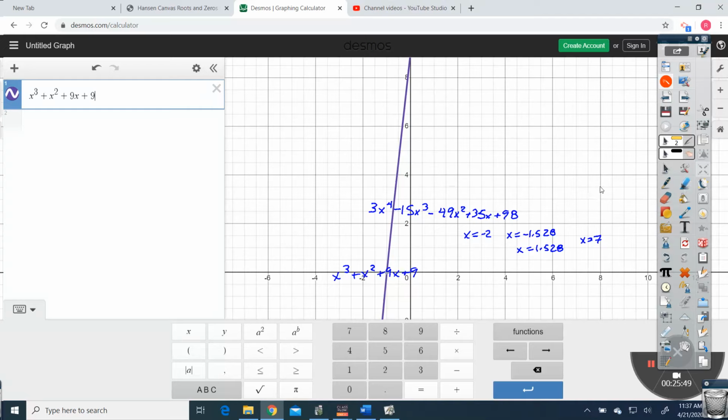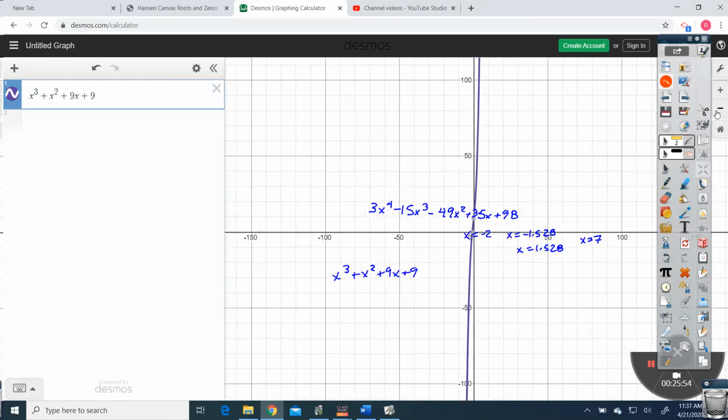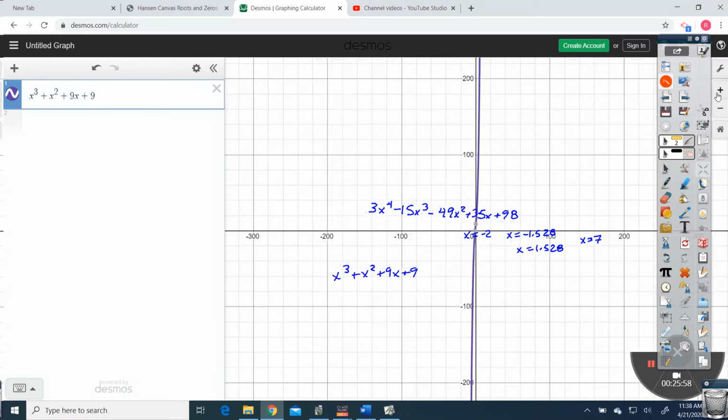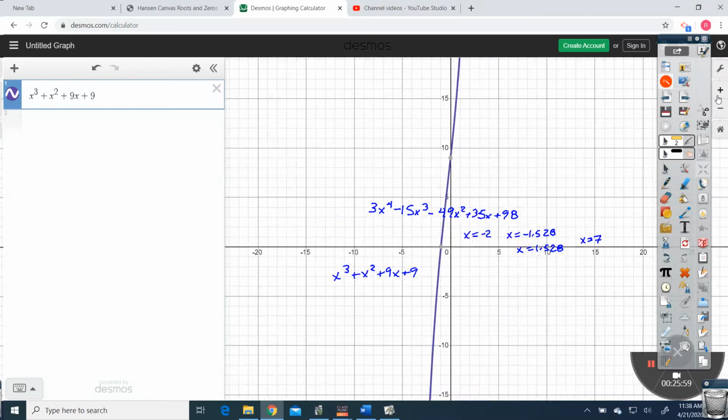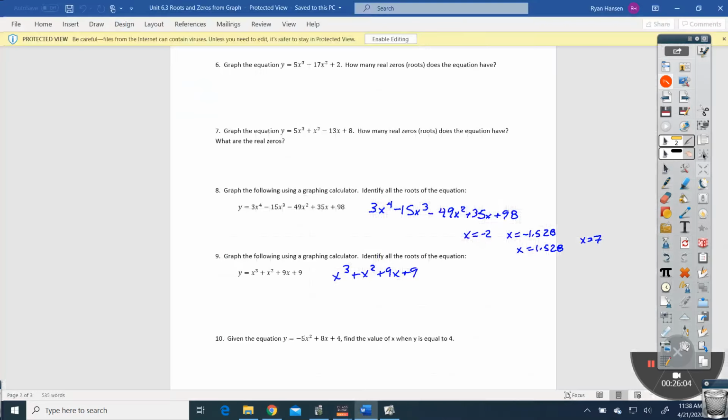So we could zoom out and see where the bend is, see if there's anything at all. I'm not seeing that it crosses anymore, so I think the 1 point is pretty good. So it crosses right here at negative 1. So identify all the roots of this equation, x equals negative 1, which makes sense that there's missing 2, because remember how I said it would either be the 3 or 2 less, so it's 1.